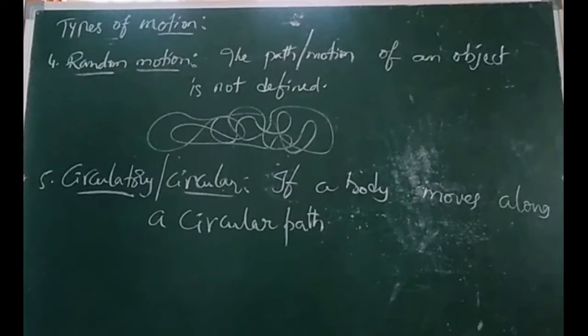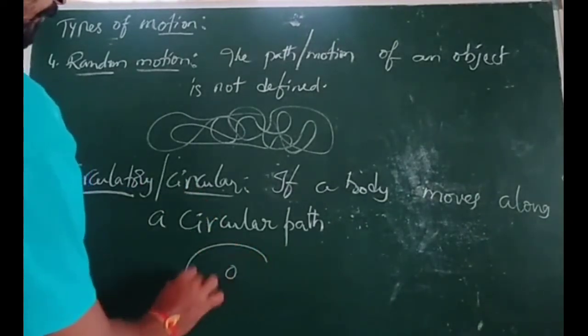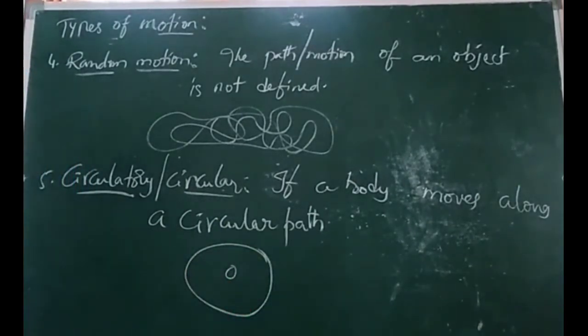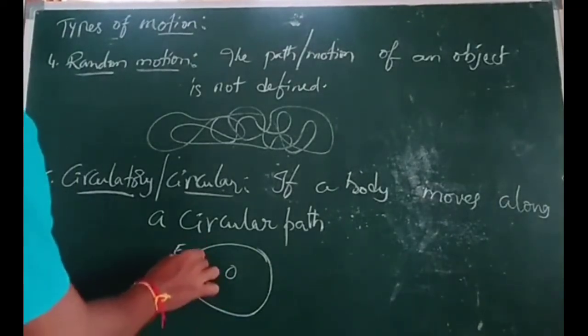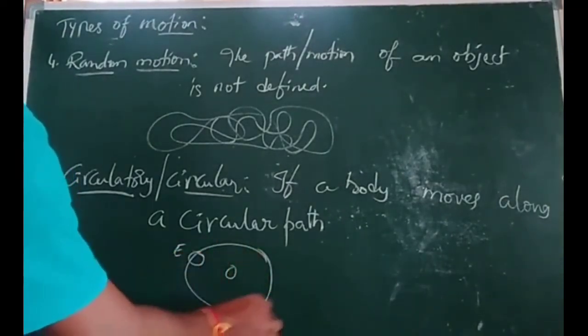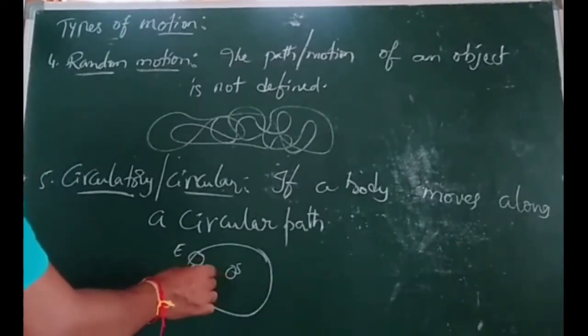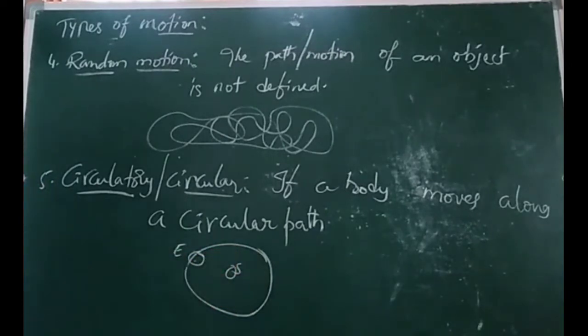An example for this is the revolution of the earth around the sun. It is the sun, and here it is the earth. The earth revolves around the sun. Is there any fixed point to that earth? To revolve around the sun, there is no fixed point.